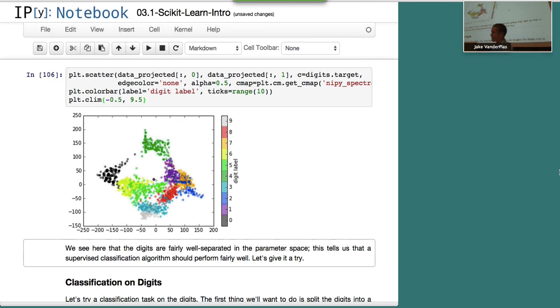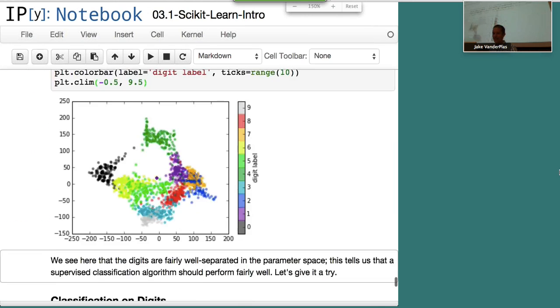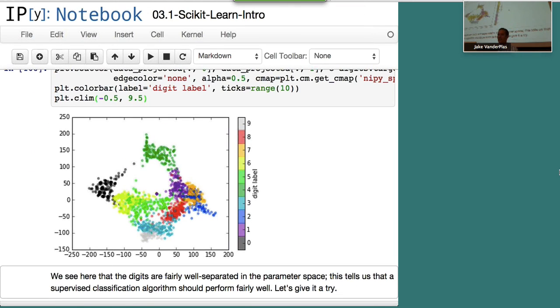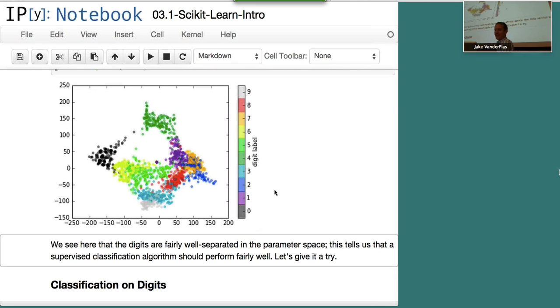So here is our projected data. You can see the color bar goes from 0 up to 9, and it's a little bit difficult to see, but that's all right. This is a nice step because it actually gives you some insight into what your data looks like.